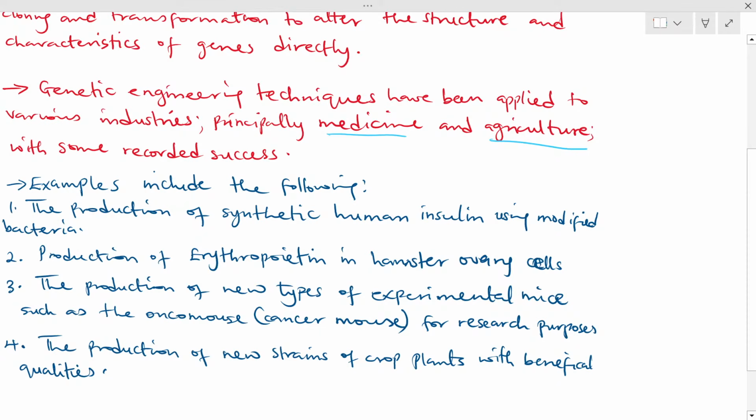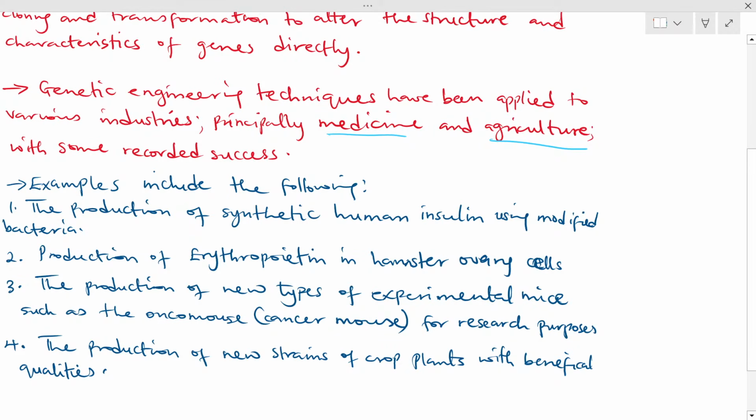Examples of these applications include the production of synthetic human insulin using modified bacteria, the production of erythropoietin in hamster ovary cells, and the production of new types of experimental mice, such as the onco mice.